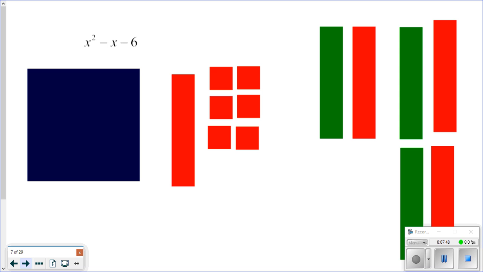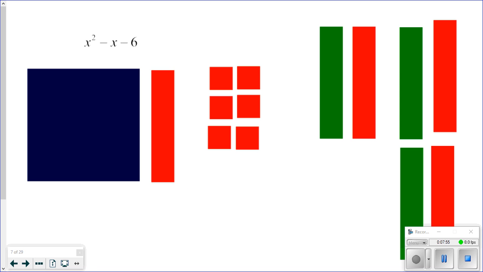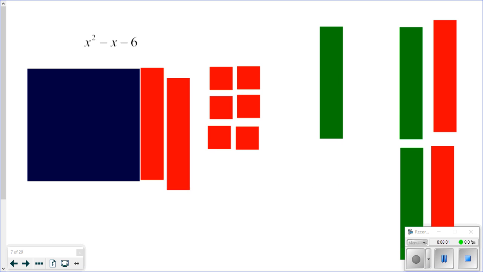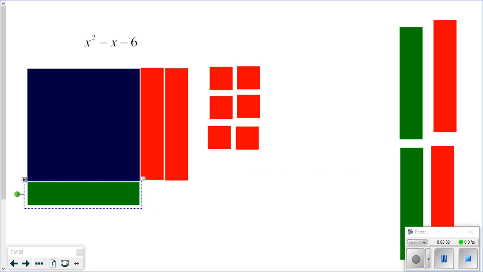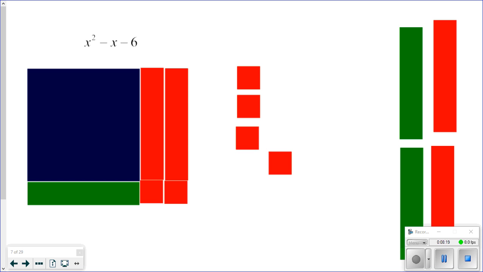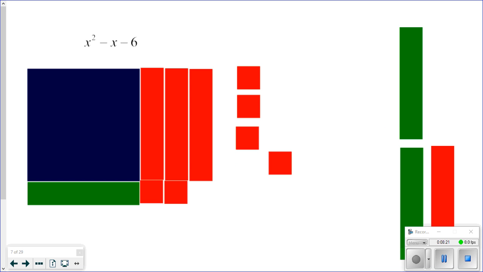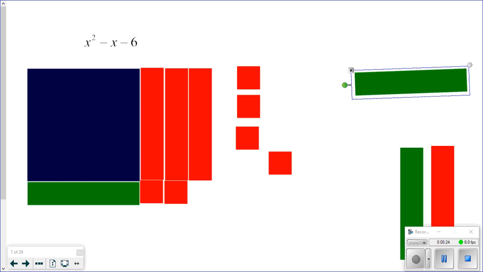All right, try this one: x squared minus x minus 6. Let's add in red and green so they cancel each other out. Doesn't work yet, so add in another red, green.